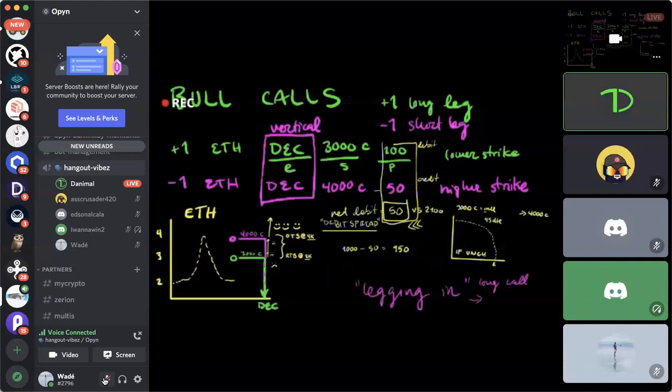I strongly suggest thinking about these strategies in combination. Like, you don't want to just do, I'm just going to buy 100 bull calls and 100 long calls on Ethereum. You can also think, okay, instead of just doing that, I'll do 30% long calls, 30% bull calls, and then 30% I'll leg into those long calls that I purchase later by selling this short leg here at a later date when it's more advantageous to.